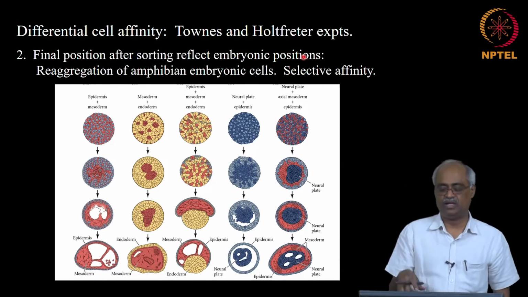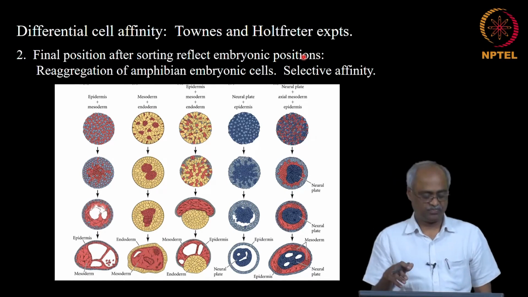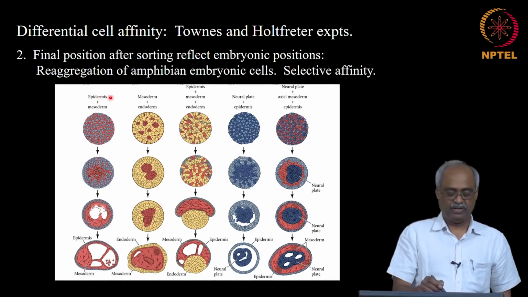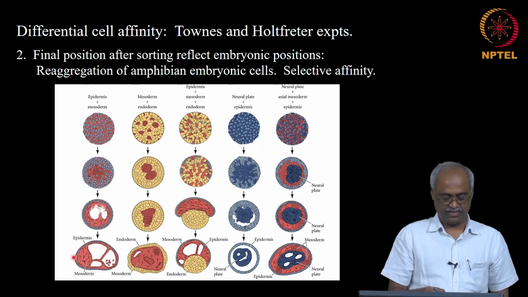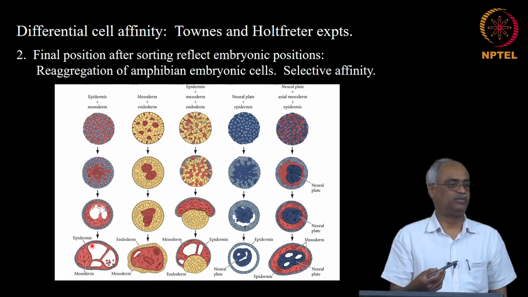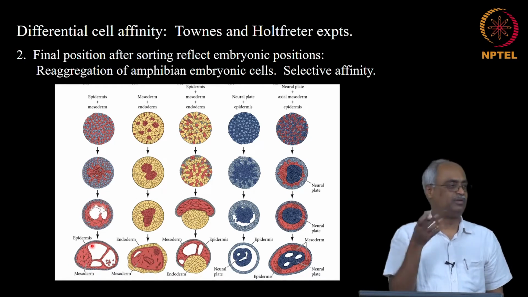For example, when you take epidermal cells, the blue ones, and mesoderm, the red ones, and mix them and wait some time, they migrate and the epidermis is outside, mesoderm inside. That is how it is in an embryo too: the ectoderm is outside, mesoderm inside.